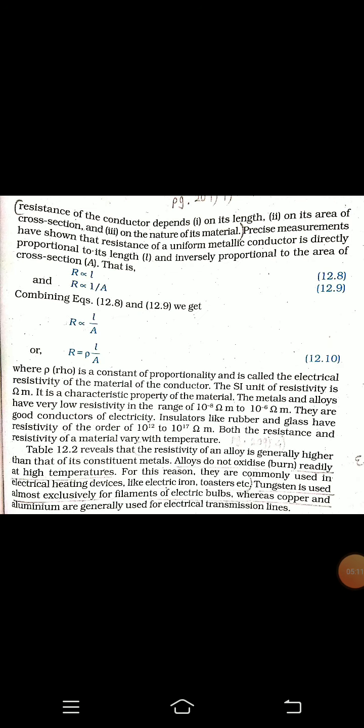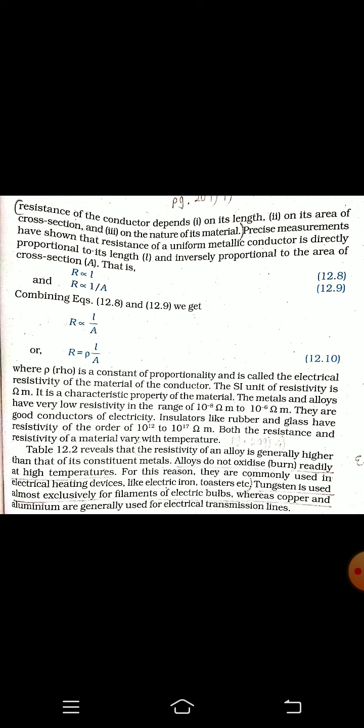So by applying Ohm's law, we observe that the resistance of the conductor depends on, and these are very important factors you need to remember: first, on its length, which we just saw from the activity; on its area of cross section; and on the nature of its material.